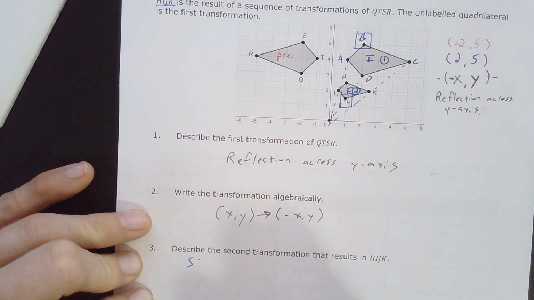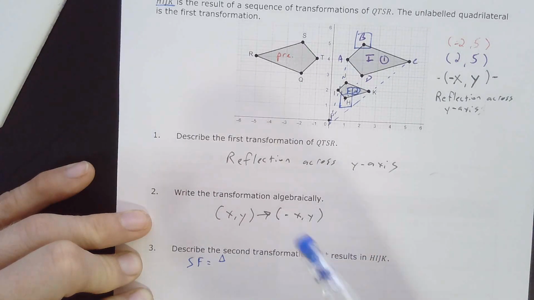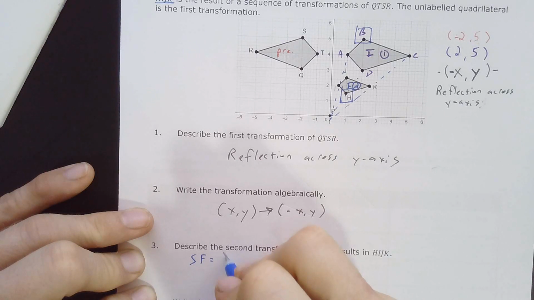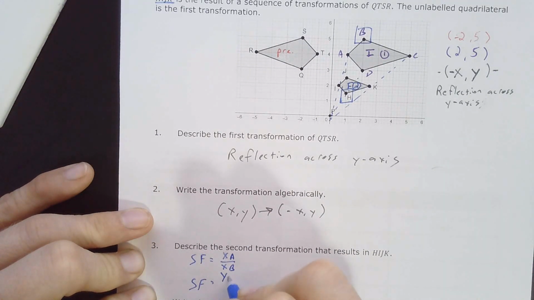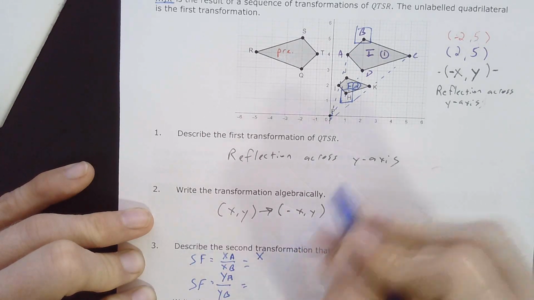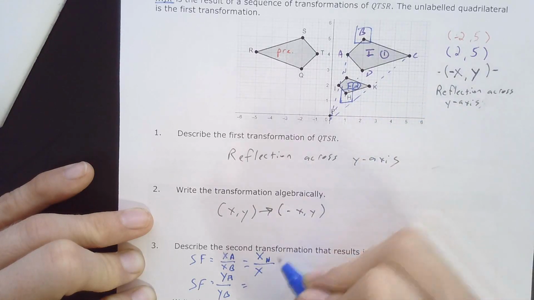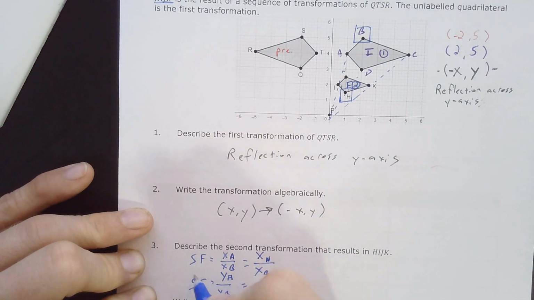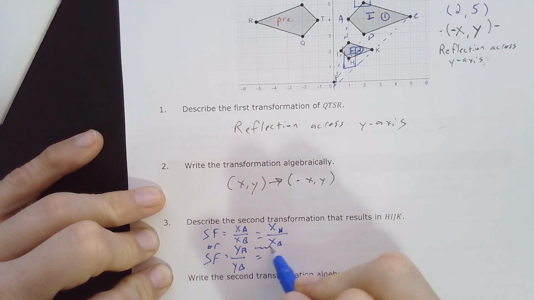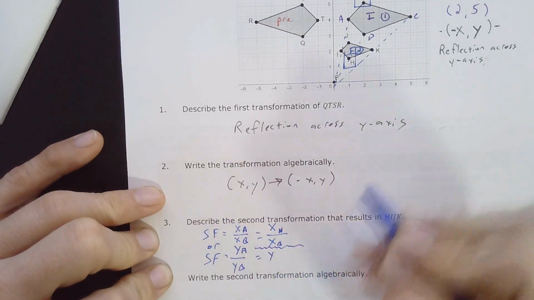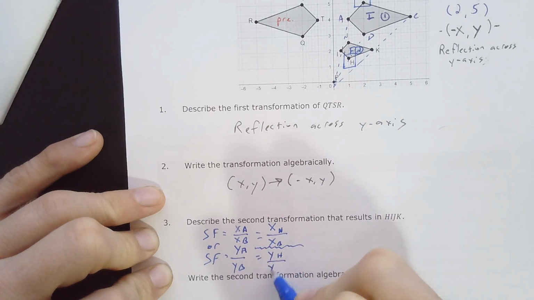So my scale factor is going to be my x value after divided by my x value before, and my y value after divided by my y value before, equals my x value of h divided by my x value of b, or my y value of h divided by my y value of b.